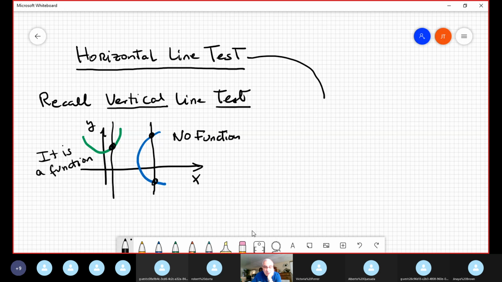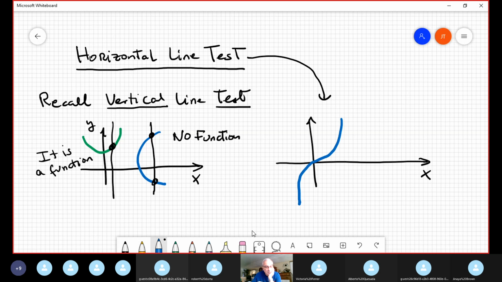But now focusing on the horizontal one. Suppose that we have, for example, this function, and you apply the horizontal line test. It crosses only 1 point, so it is one-to-one.